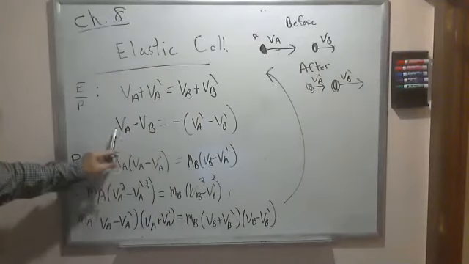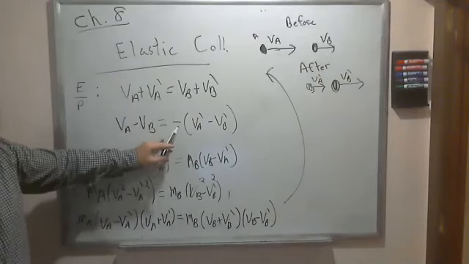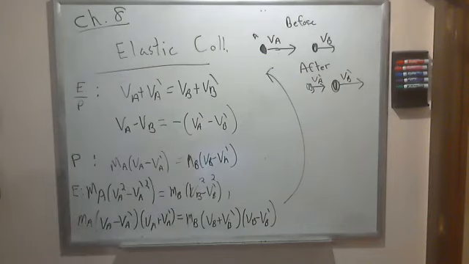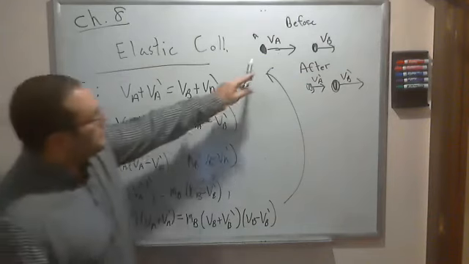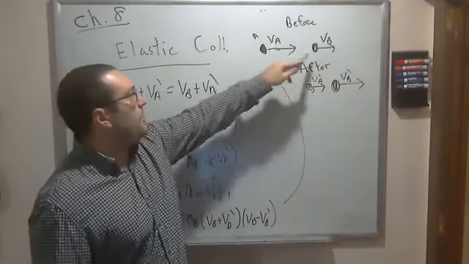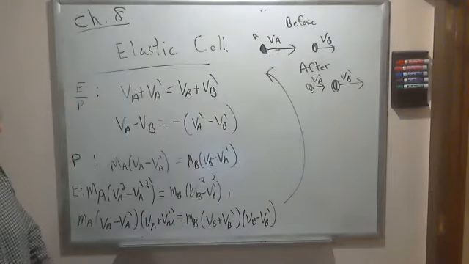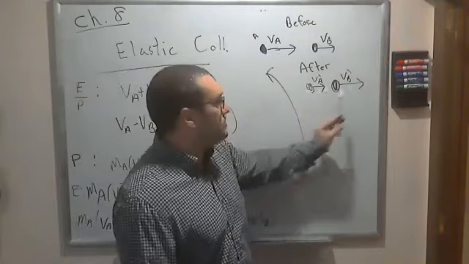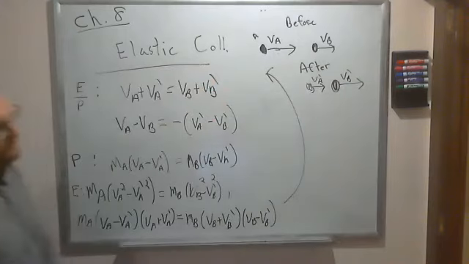So the difference in the two velocities is equal to the negative of the difference in the two velocities after. What does this mean? If we have a situation where VA is larger than VB, then after the collision, VA is going to become smaller than VB, right?